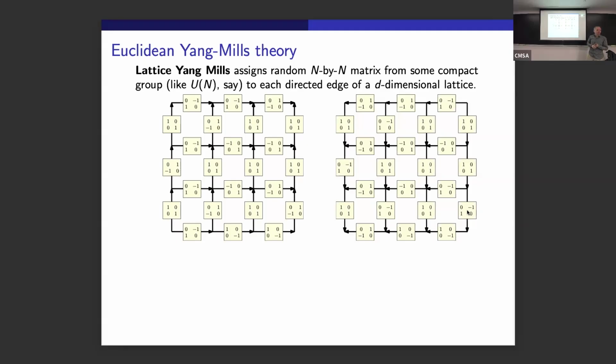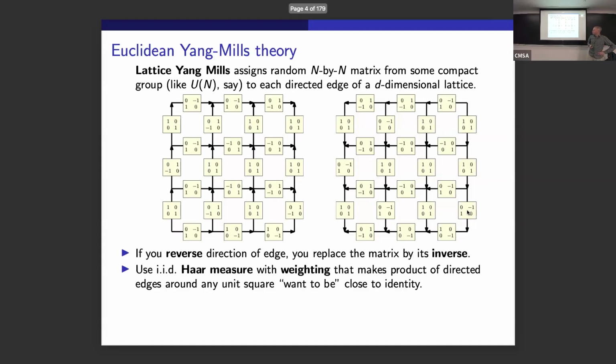So think SU(2), SU(3), or U(N) for some large N, sometimes O(N), some sort of compact Lie group. And usually you start by using IID Haar measure on each edge. So imagine you independently choose Haar measure for every edge to choose a matrix there.